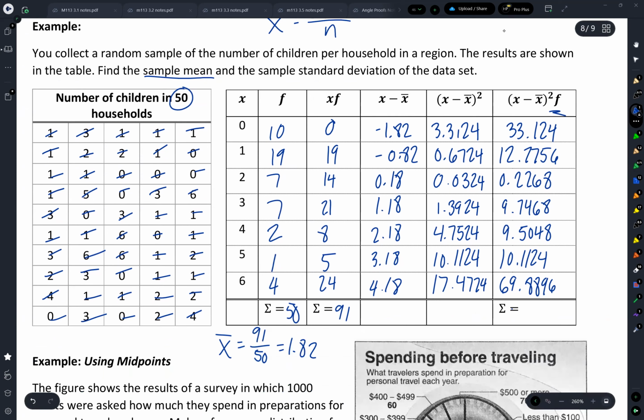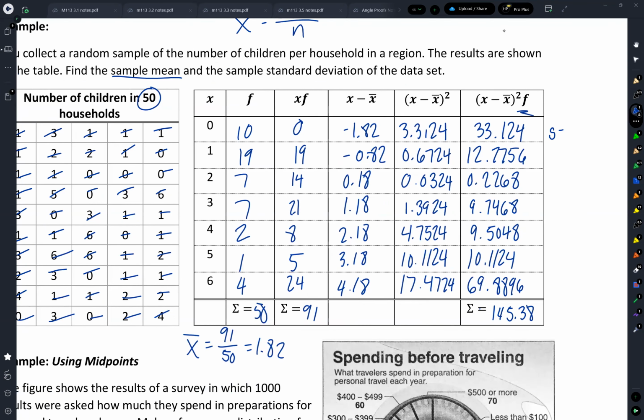Okay, so add all these up. We get 145.38.